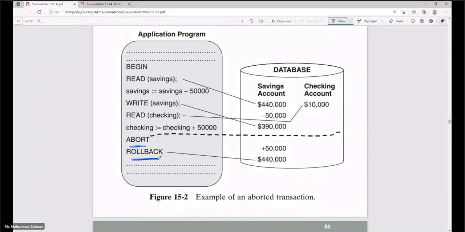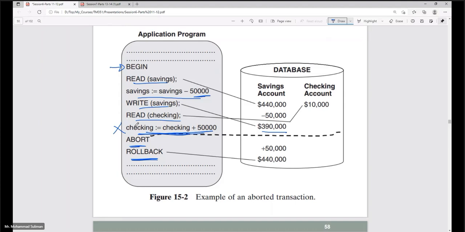So for example, you started the transaction with begin, read the saving, deduct the saving 50,000, write the saving. So you deducted and you wrote this. After that, read checking account, add 50,000. Now, while adding 50,000, some problem happened. Can be hardware failure or network failure or software problem.